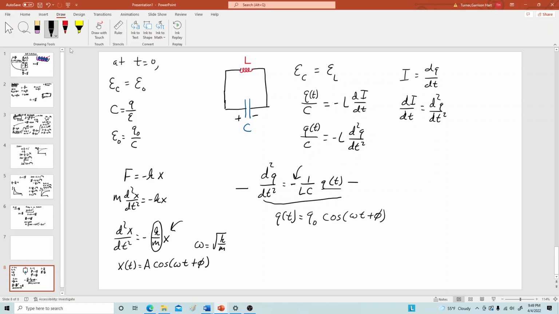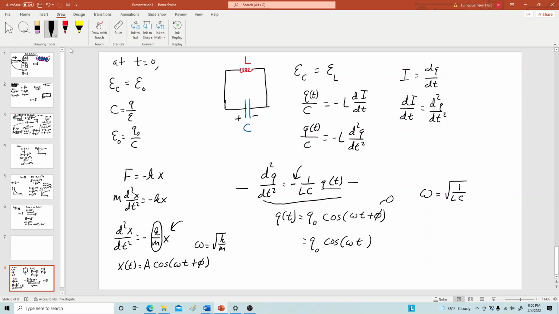And if we start our stopwatch right at 0, where the plates on the capacitor are fully charged, then the phase constant can go to 0, and we can say that the solutions to this problem are going to be the initial amount of charge on the plates times cosine omega t, where omega, or the angular frequency, is equal to the square root of 1 over LC.